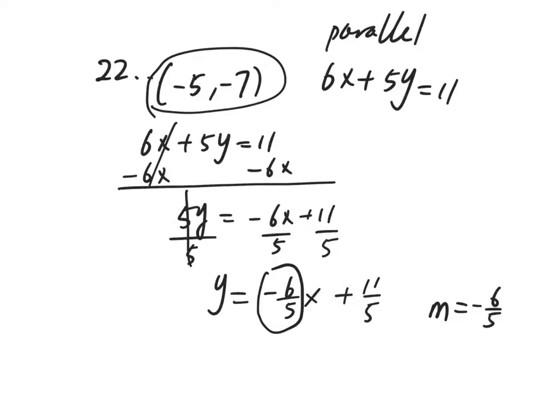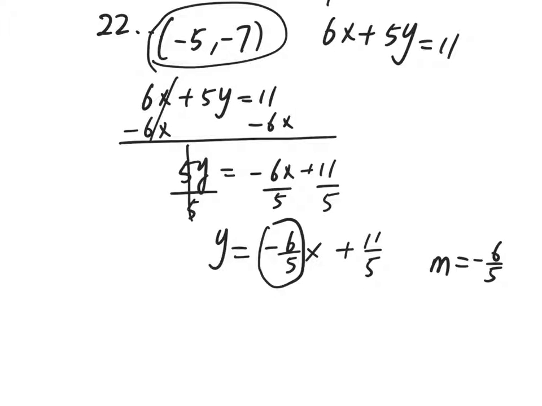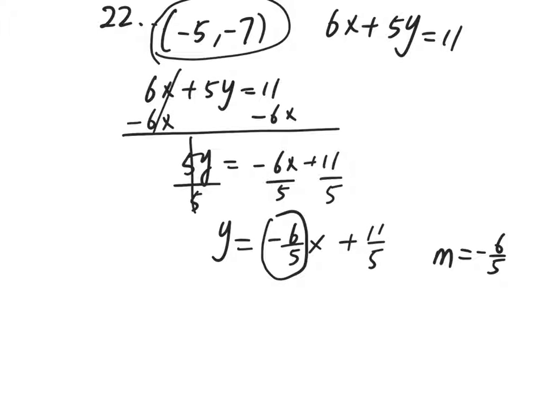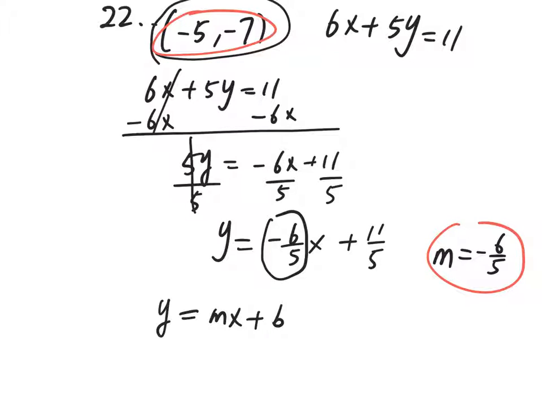Again, let's use method 1 as we showed previously. So you can use y equals mx plus b. So this is the m you will use, and this is the point you will use, x, y. Let's plug in. So -7 equals -6/5 times x, which becomes -5, plus b. So here, this is my y, this is my x.